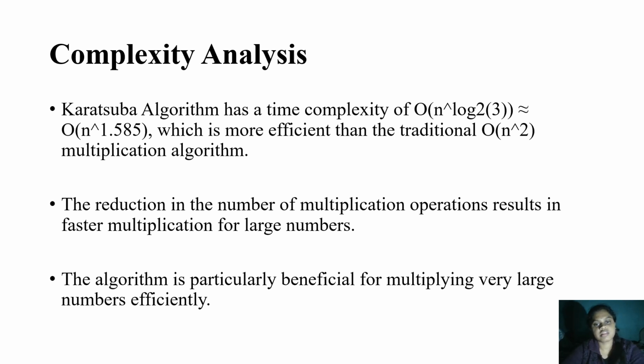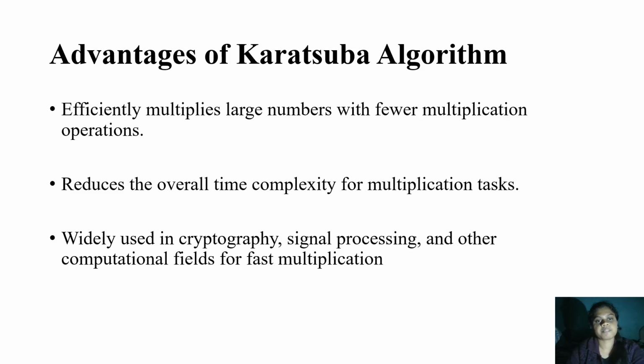The reduction in the number of multiplication operations results in faster multiplication for large numbers. So this is one main advantage. The algorithm is particularly beneficial for multiplying very large numbers efficiently. Let us see the advantages of Karatsuba algorithm.